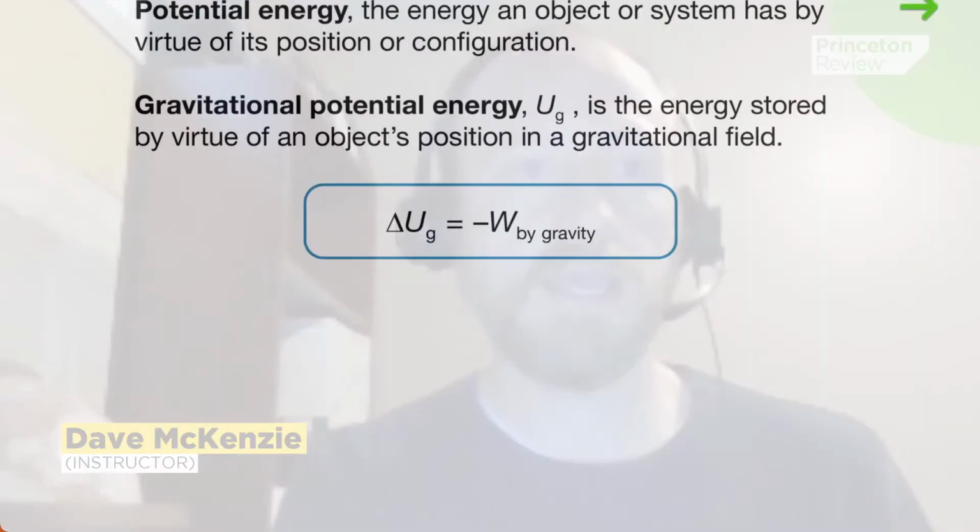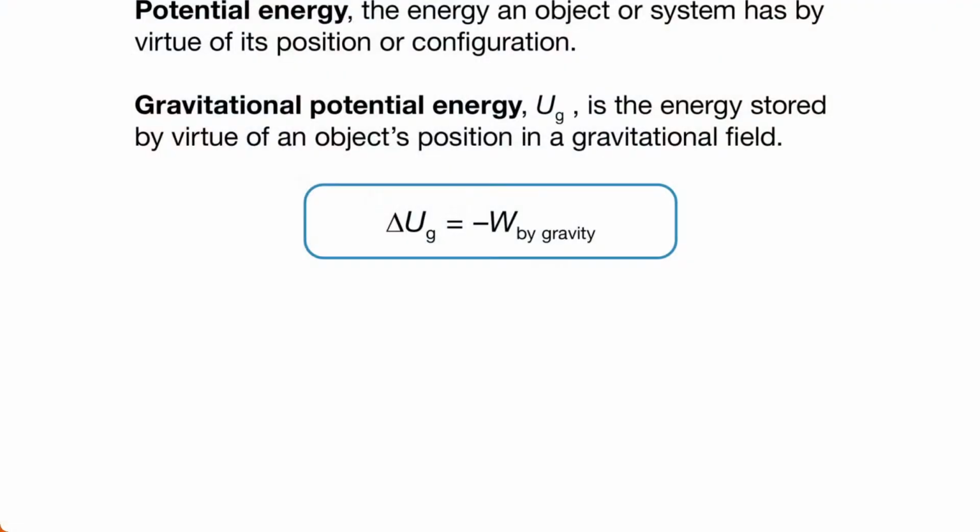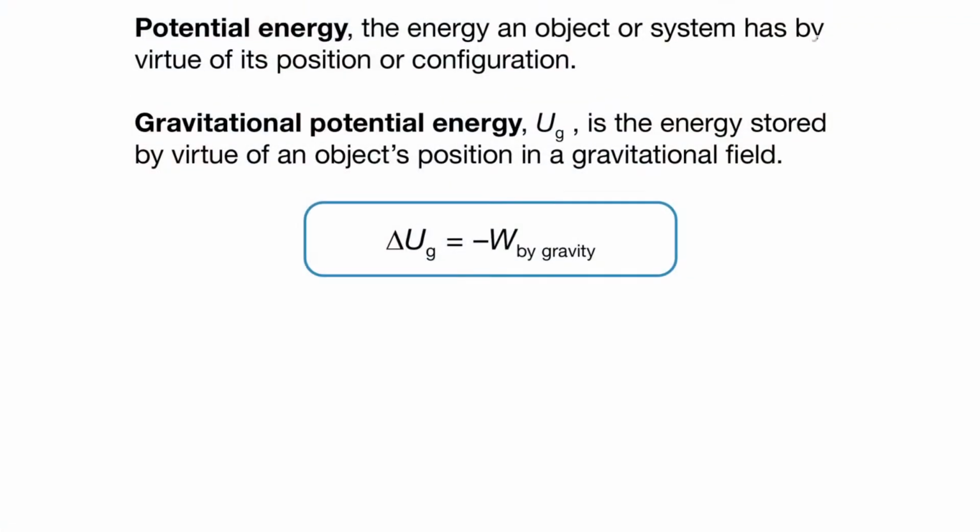So maybe the hammer hits a nail and displaces it into the floorboard, right? But it's all by virtue of having that initial position that the hammer could now do work. And so we have a new form of energy called potential energy, which is the energy of position. And in the case of that hammer, this potential energy is owing to the presence of gravity.